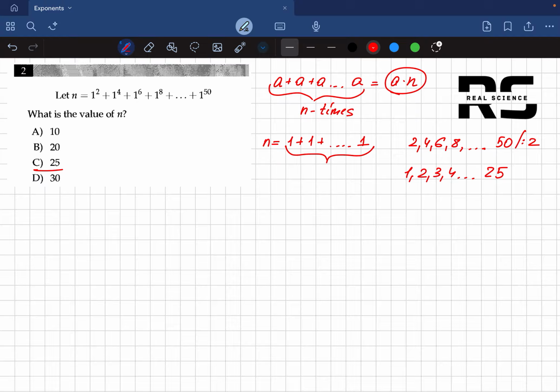So how many numbers do we have between 1 and 25? In order to understand that, we just subtract 25 minus 1 and then add 1. So those two will cancel, and the 25 is left, which means that there are 25 numbers in this case. So n would be equal to 1 plus 1 plus 1, etc., 25 times. So n is equal to 25.